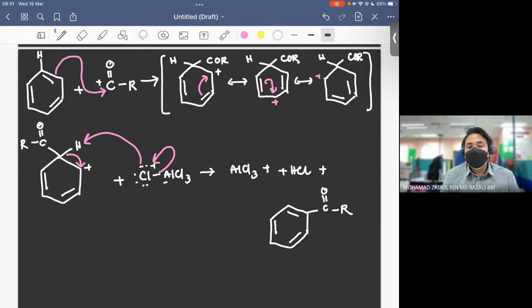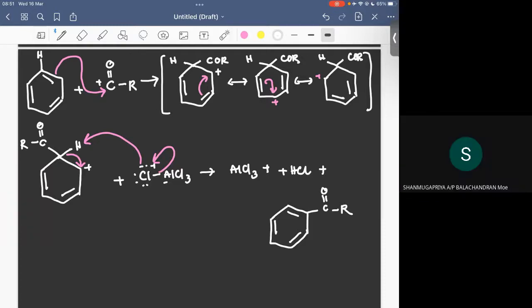Sir, tadi saya tanya soalan tentang resonance structure kan, sir? Ya betul. So, ada 3 resonance structure form from benzene kan, sir? Ya betul. Ada tak soalan yang siap-siap bagi resonance structure, lepas tu dia suruh draw the mechanism for that specific structure?